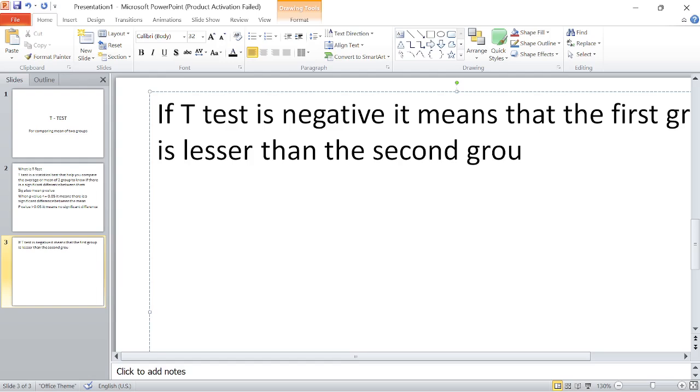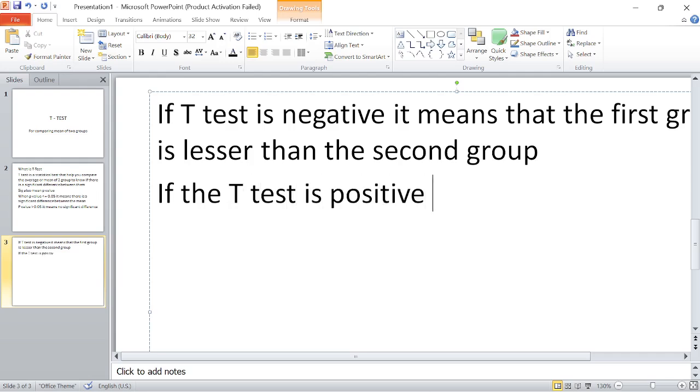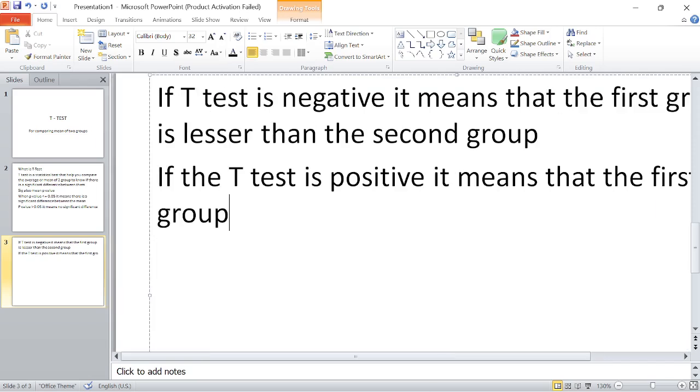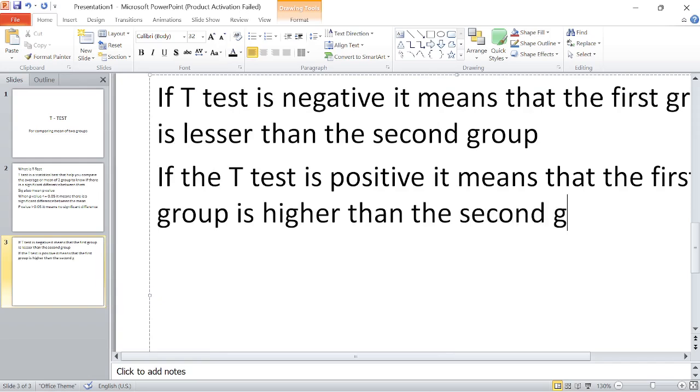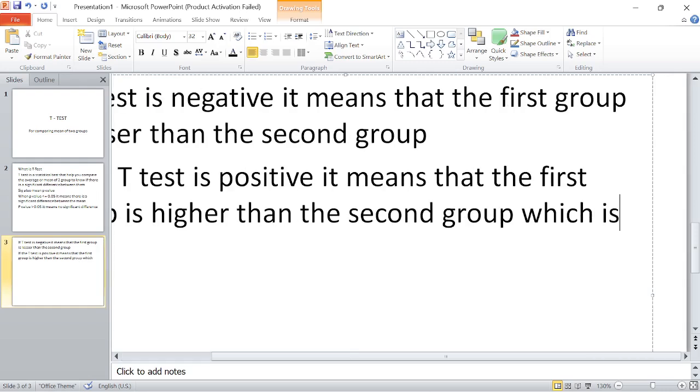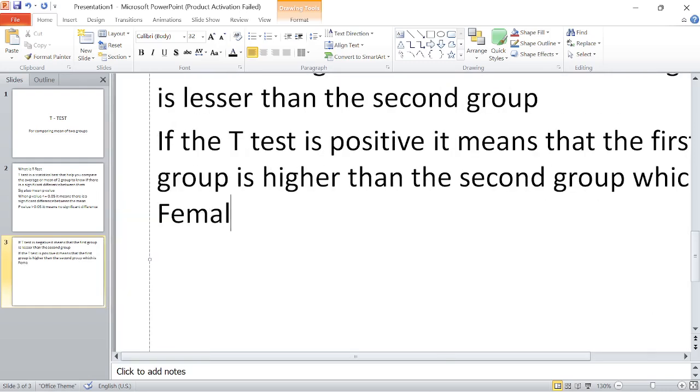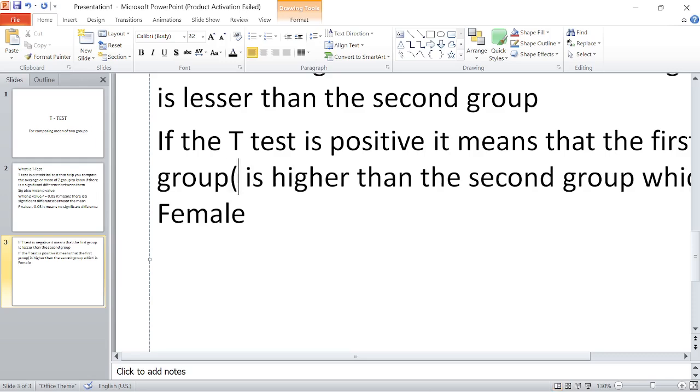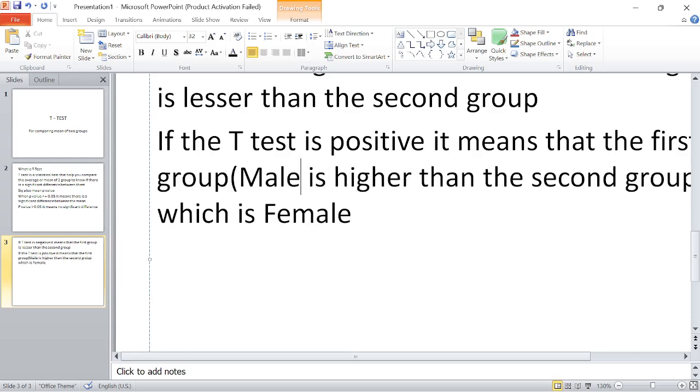Alternatively, if the T test is positive, it means that the first group, which is the male, is higher than the second group, which is female. In this context, the first group is male.